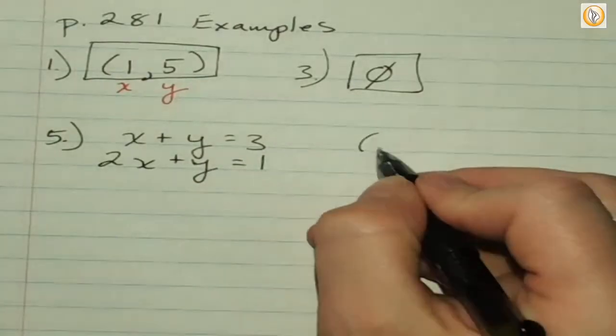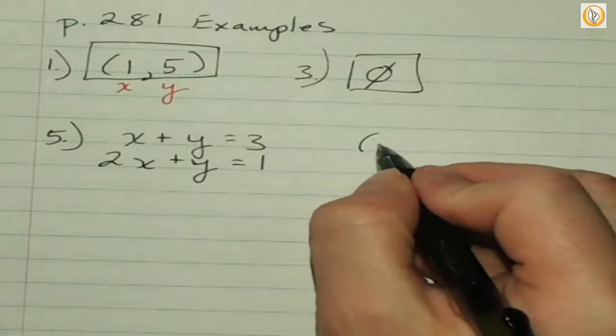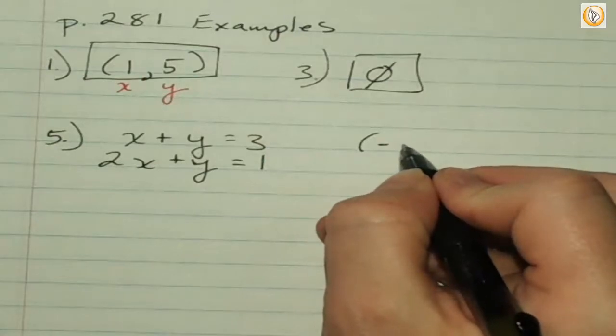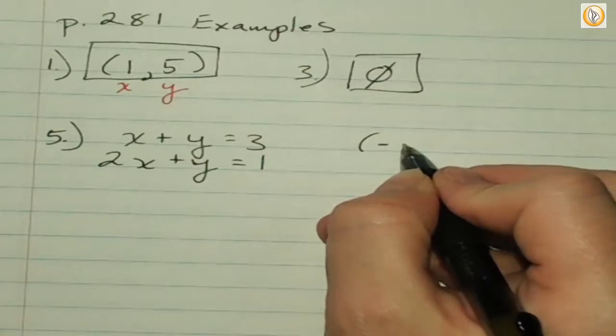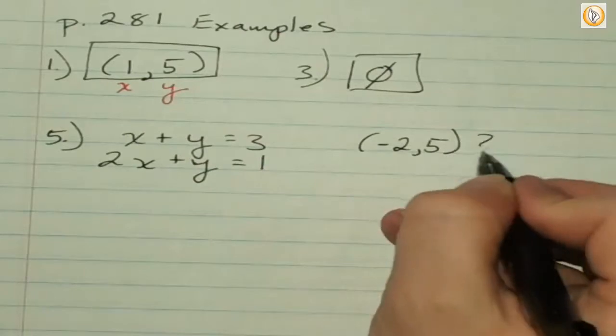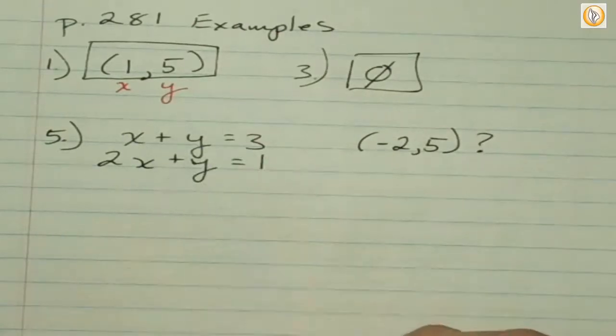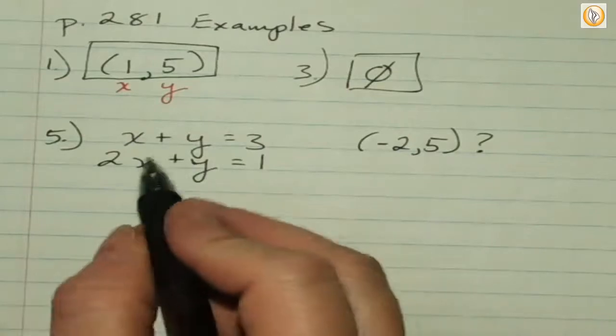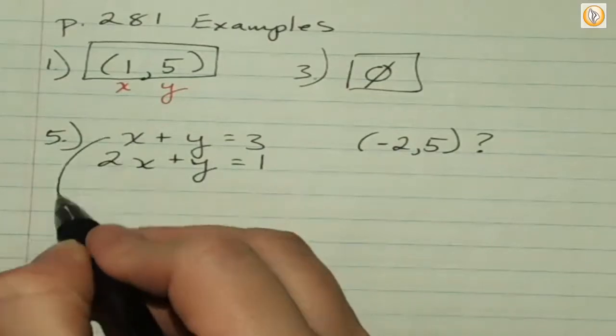Do you see the directions, by the way, the negative 2 and 5? Are y'all reading the directions with me? Okay. They're asking if this is a solution in each of these systems. So guess what we're going to do? We're going to substitute. This is line 1.